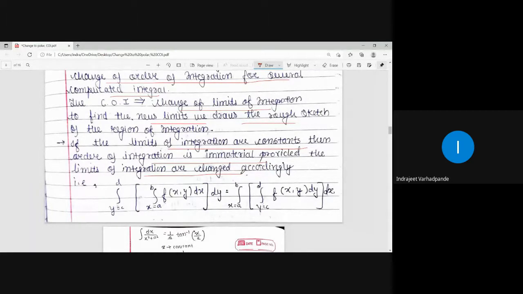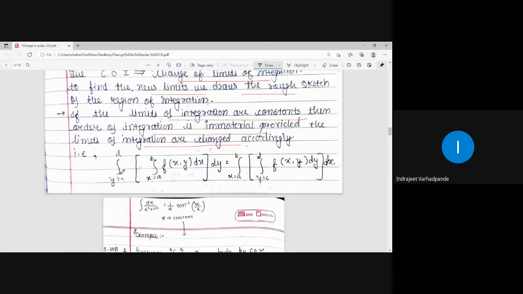But I told you, every time you need to maintain the proper pair of limits for a certain variable. For the innermost integral, whatever the differential is, the limits will represent that variable. For the outermost integral, the limits represent that variable. So in the example, integral y equals c to d, integral x equals a to b, f of xy dx dy.